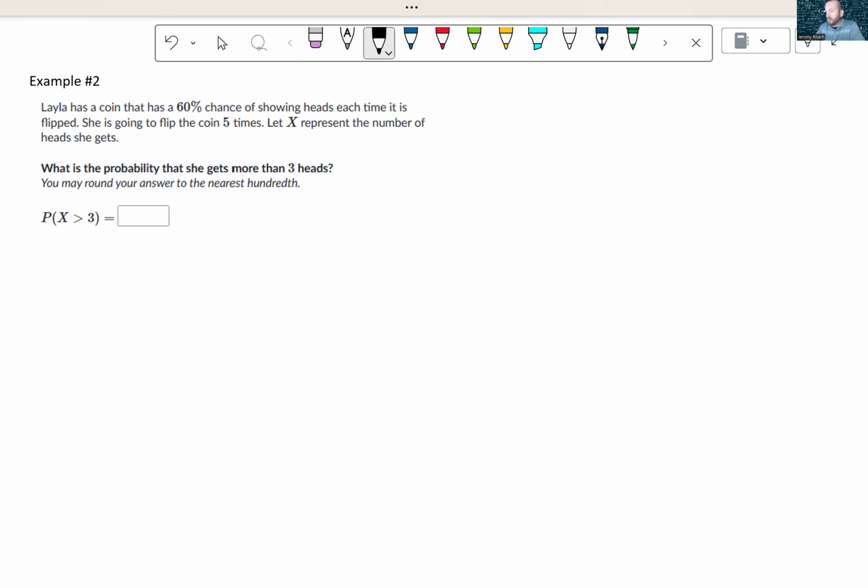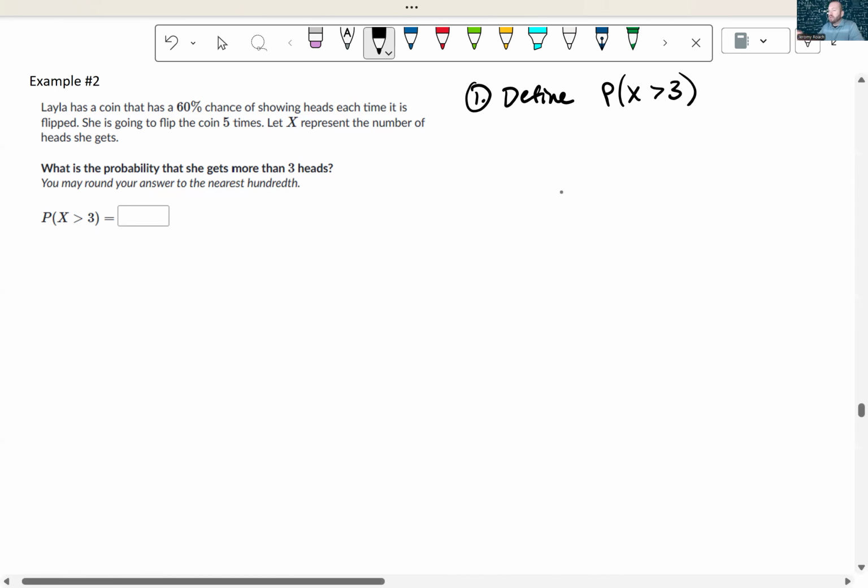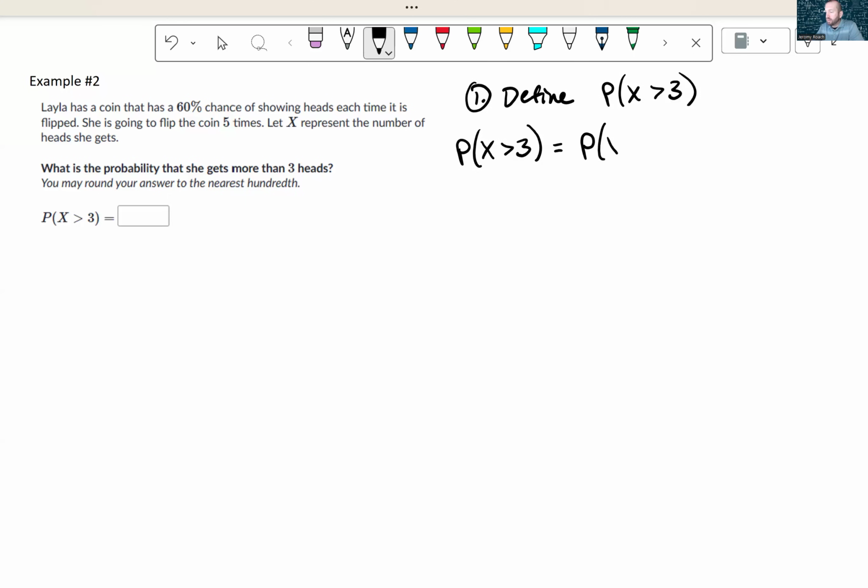So we're going to start by defining what the probability that X is greater than 3 actually means. We're going to say that the probability that X is greater than 3 is equal to the probability that X equals 4 plus the probability that X equals 5.